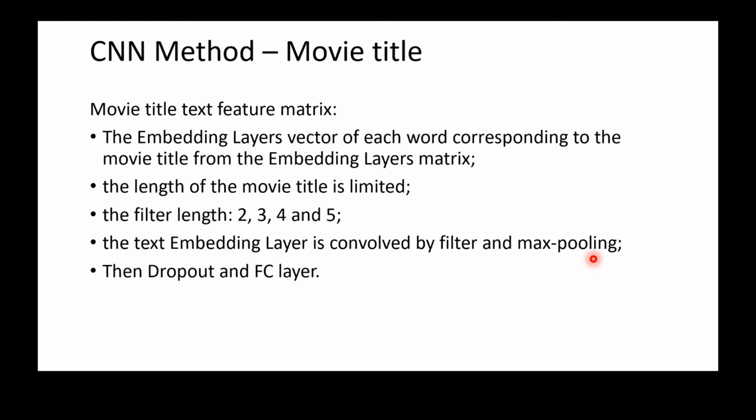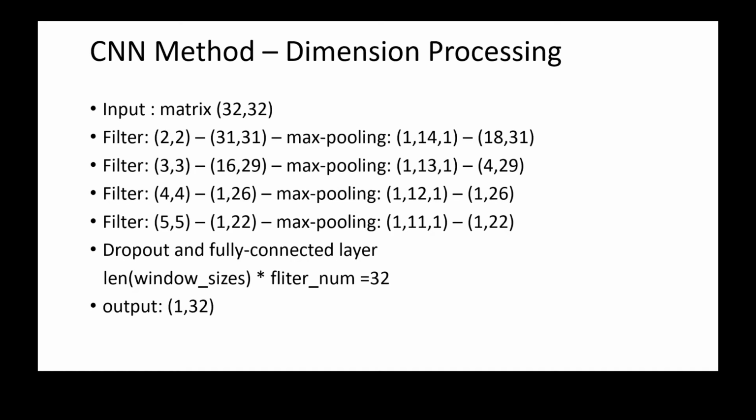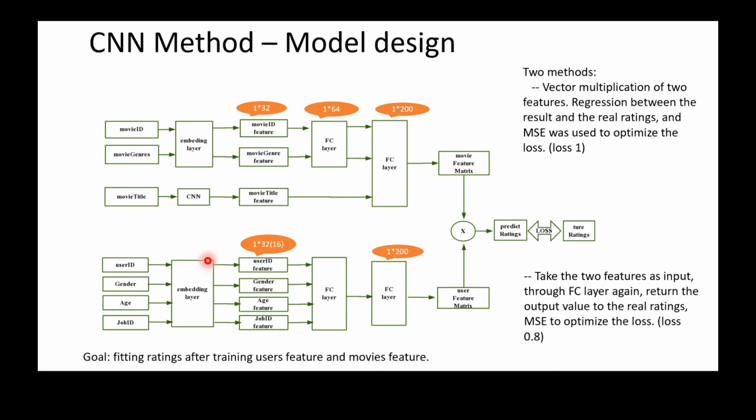We can see our process as below. The input is a 32 by 32 matrix, and through 4 filters we do the convolution and the maximum pooling, and then dropout operation through the fully connected layer. Finally, the output is a 1 by 32 matrix. This is our model based on CNN.